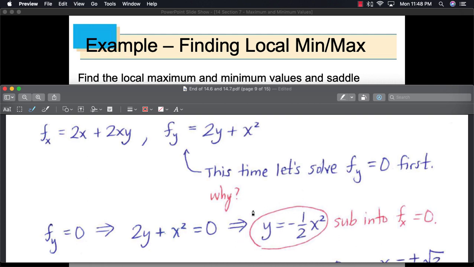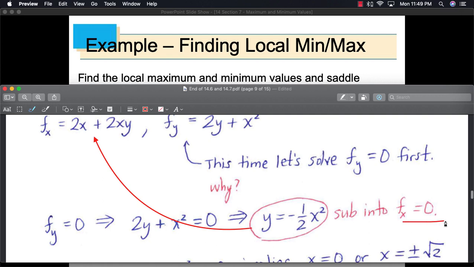The reason why that's so nice is because now I can take that and substitute it back into the f of x function here, and then at that point solve for 0 itself.